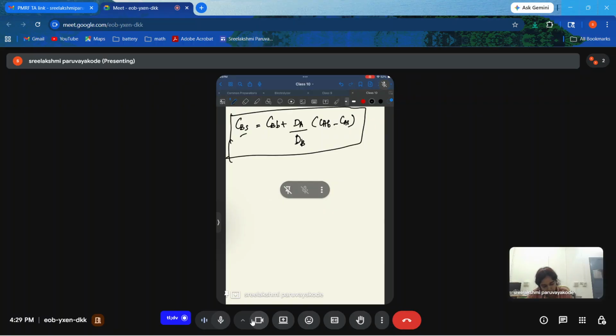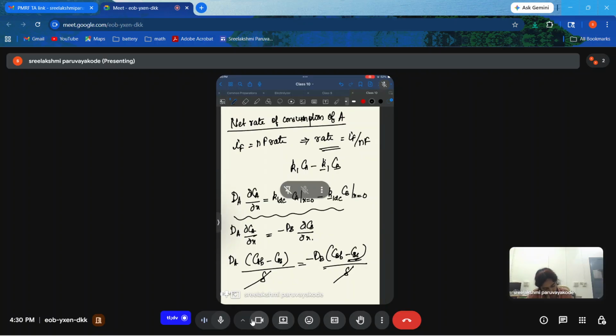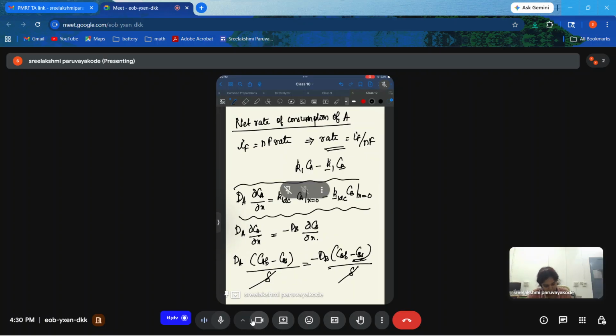So if you have to find out Cbs, I know Cbb, I know Cab, Cas is the unknown quantity. So let us go back to this expression which we have written down. We will use this to find out Cas.